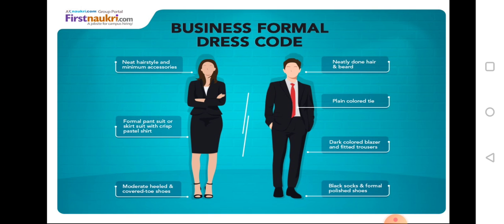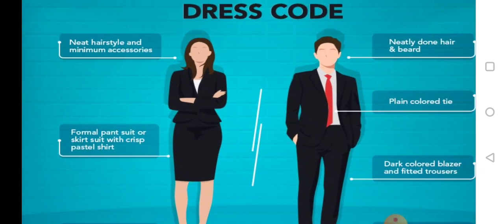Business formal dress code. During a presentation, it plays a very important role that your hairstyle should be neat, and there should not be much accessories. Your hairstyle and appearance should be sober.